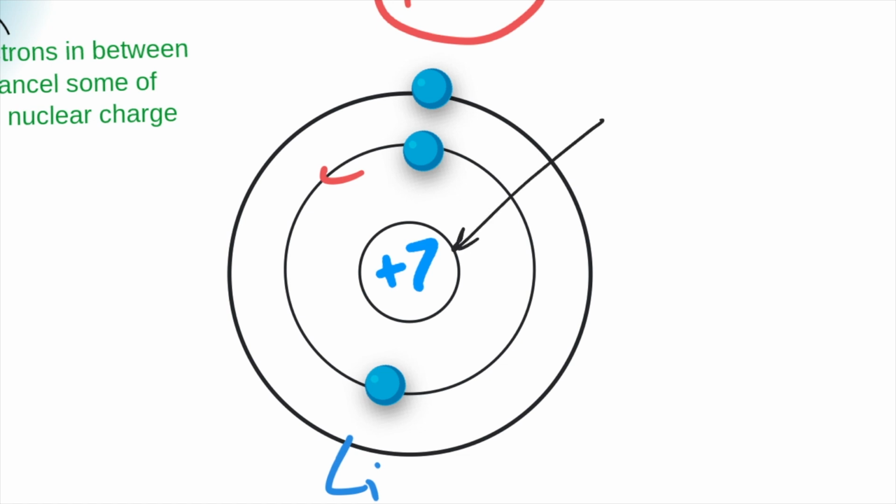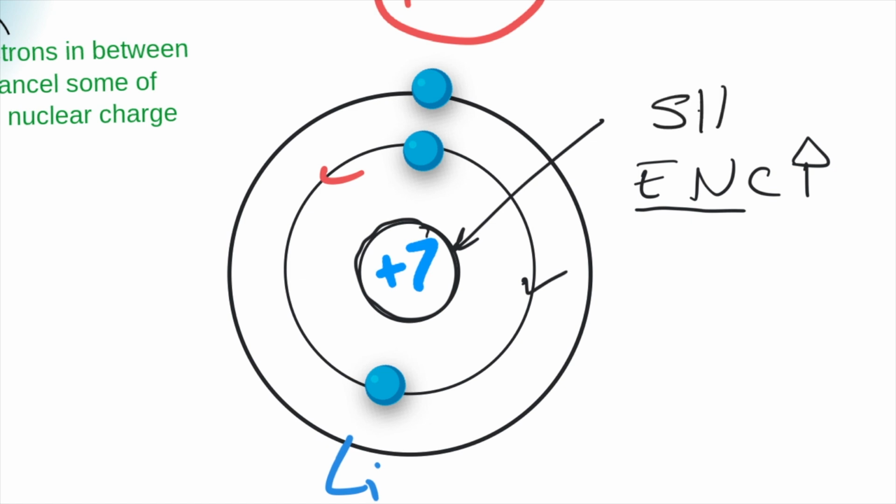The only reason is lithium has only one shell that is shielding its protons, and that makes the effective nuclear charge of lithium greater than that of sodium, simply because the shielding in lithium is lower than that of sodium.